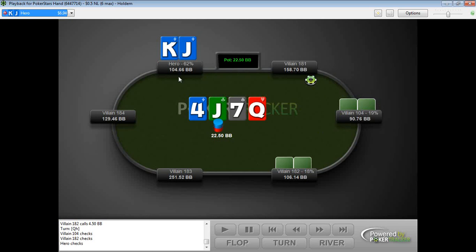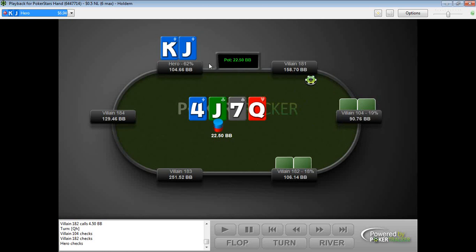And maybe he even calls and I get value. So I can even get value from 2-2 through 9-9 if they continue to call, and I do get some folds as well.